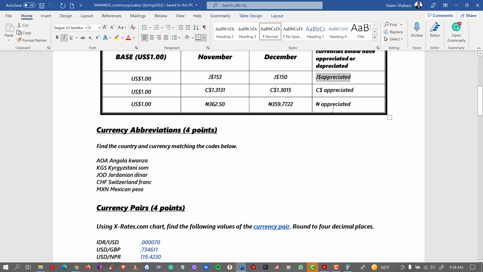In fact, in all cases, they have all appreciated. If I have a situation where I make this US, then obviously this is depreciated. So you'll have to be able to think through this.